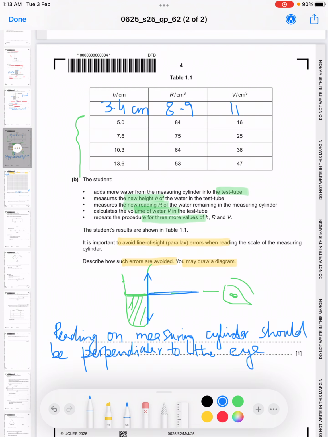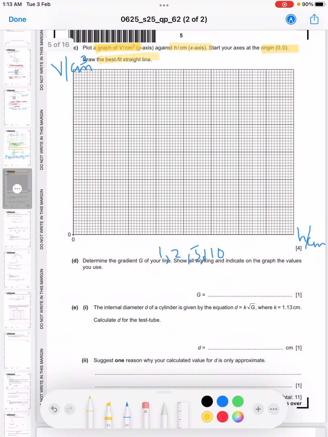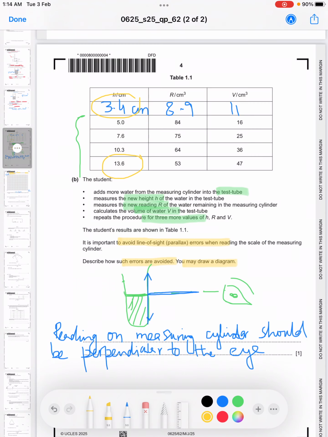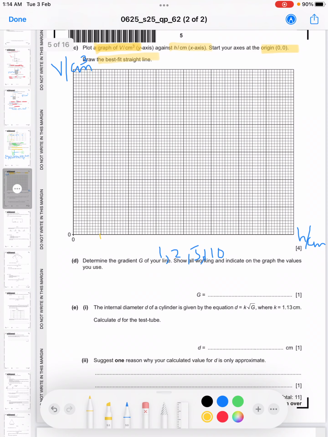Let's go to the table. Here from the height, our minimum height is 3.4 and our maximum height is 13.6. So our x-axis scale must cover 13 and above.